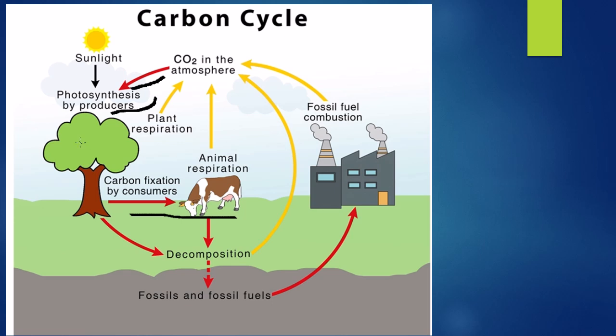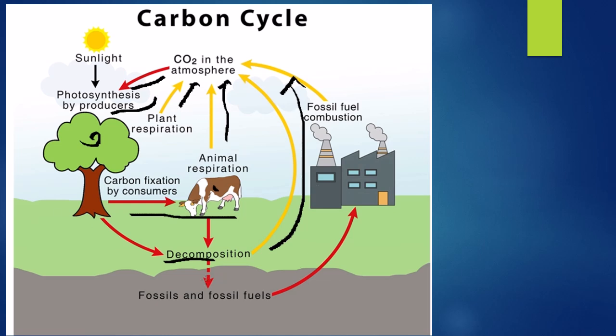This here will be our algae, and this here will be our primary consumers. And then plants respirate, and animals respirate. So this brings CO2 back into the atmosphere. Some will decompose, and this will also go back into the atmosphere. This is kind of the natural cycle.